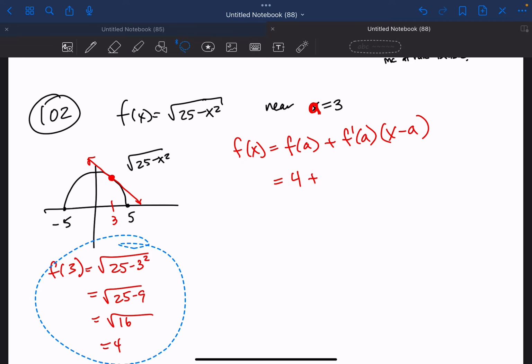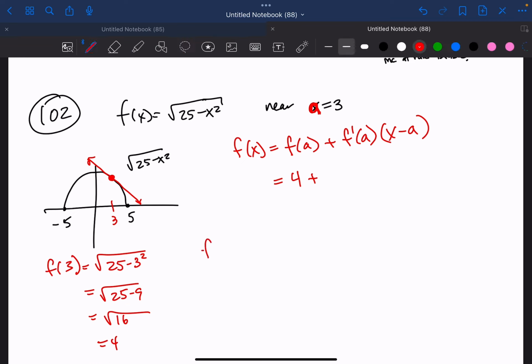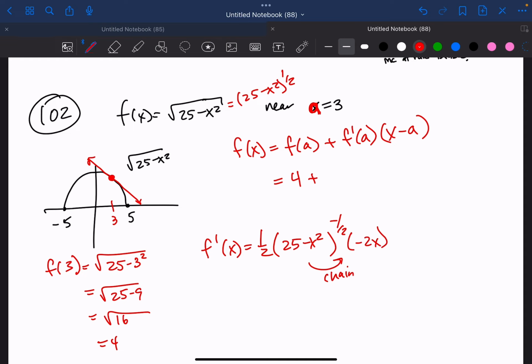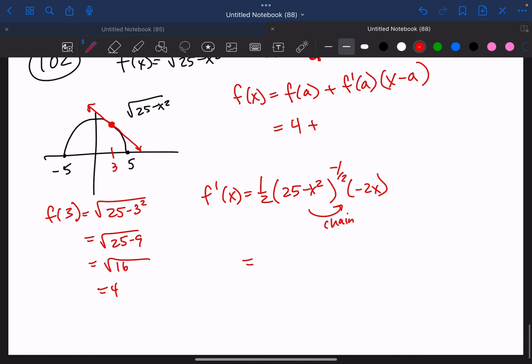So the derivative is just going to be, well, this is 25 minus x squared to the 1/2. So its derivative is half times 25 minus x squared to the negative 1/2. And then you have to do the chain rule, and a negative 2x pops out. So that's going to be negative x over the square root of 25 minus x squared, yes?